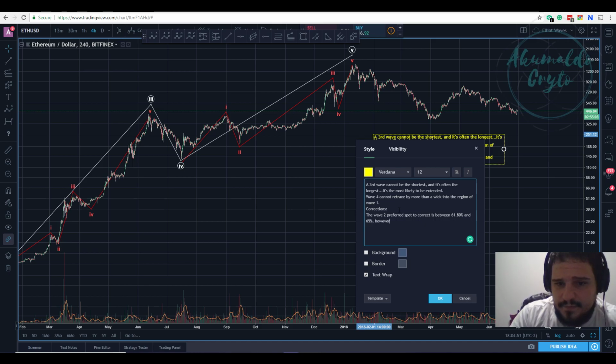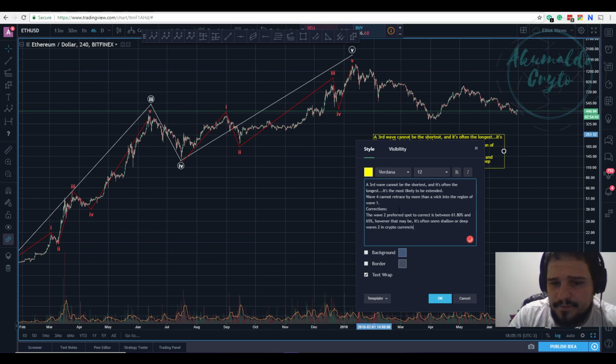However, it is often seen, shallow or deep waves too, in cryptocurrencies.